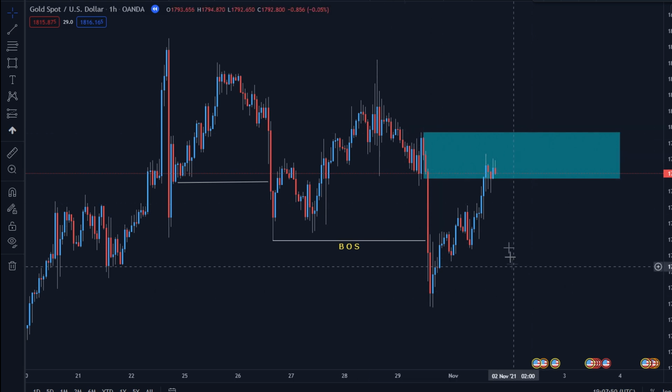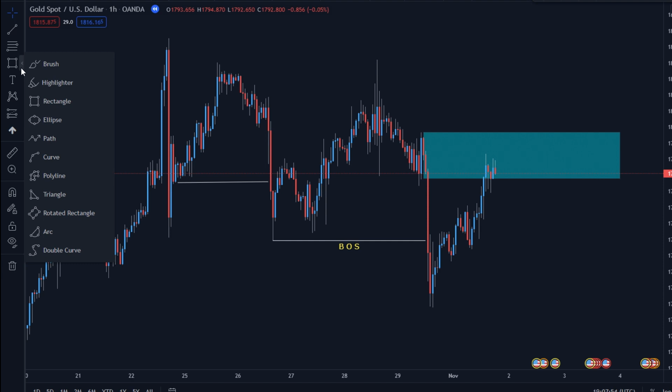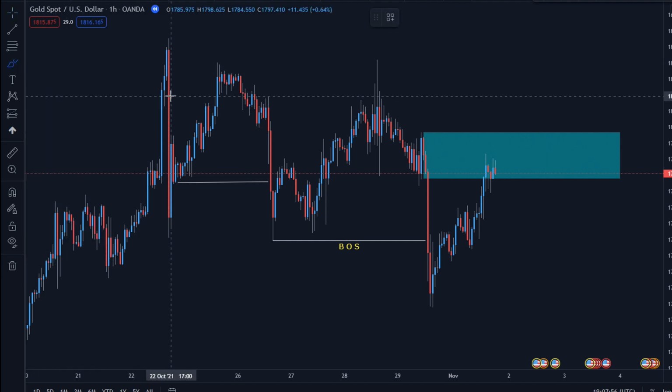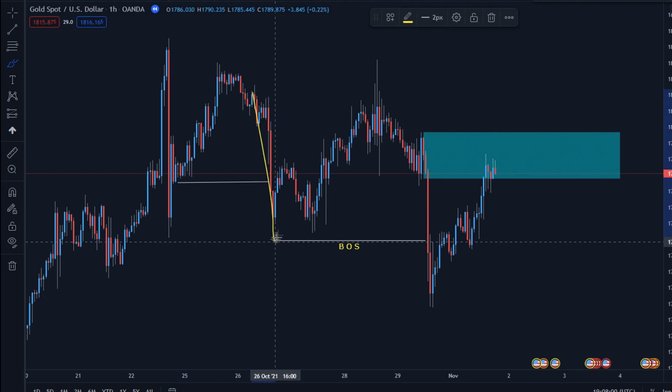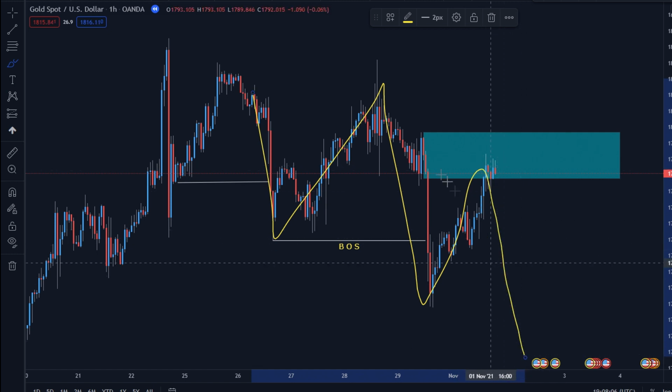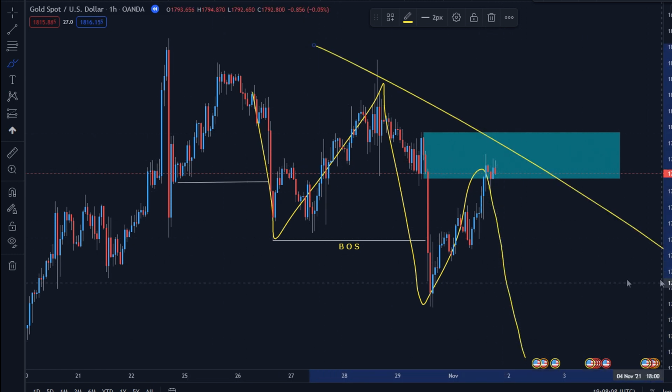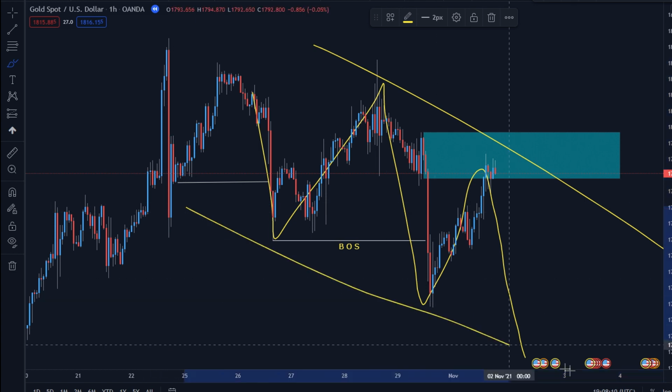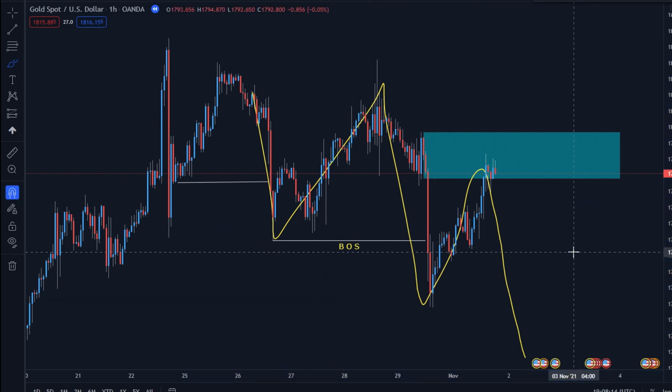So we're kind of expecting the same thing also from a structure based point, where we can see that price has made a lower low, a lower high, a lower low, a lower high, and then it has potential to go down. So this is essentially in a channel like that, and it's very bearish. This is a classic bearish structure.